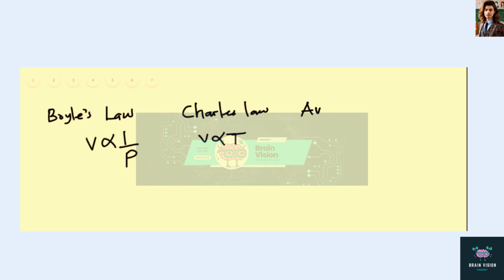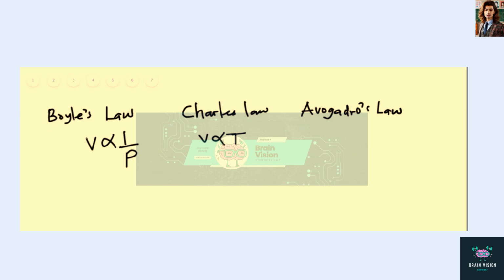The next one is Avogadro's law. This law states that equal volumes of all gases contain the same number of molecules at constant temperature and pressure. According to the kinetic molecular theory, when you increase the number of particles in the gas sample, the number of collisions with the surrounding surface area will also increase because you have more molecules colliding.